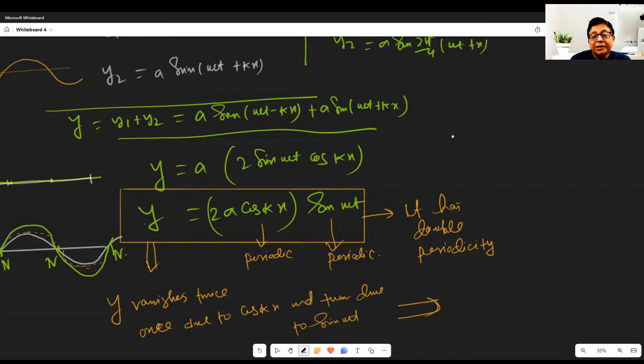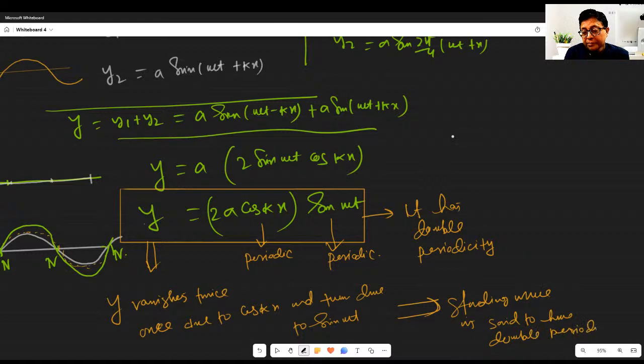That is why the standing wave, this is the equation of a standing wave, no? A standing wave is said to have double periodicity.